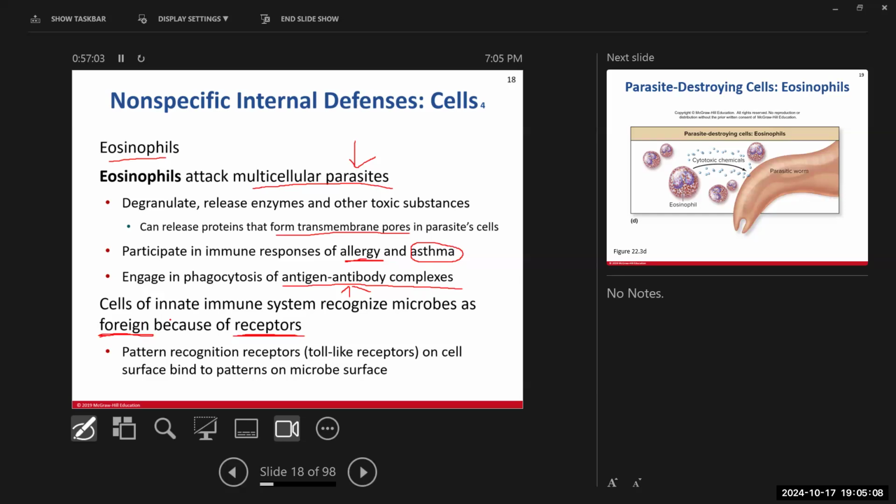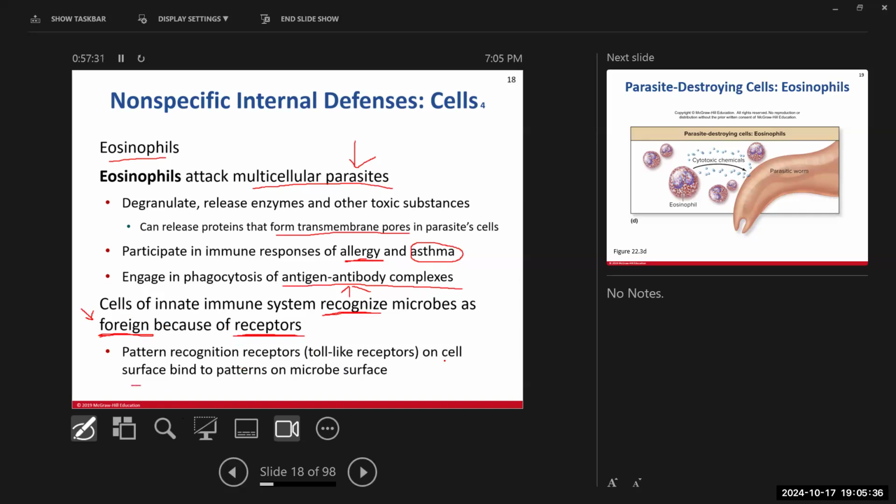So they have to be able to recognize those receptors. If they recognize them as foreign, then they're going to initiate the immune response. Keep in mind, you learned about some of these qualities back in chapter 4 when you were learning about cell surface receptors or cell surface markers.